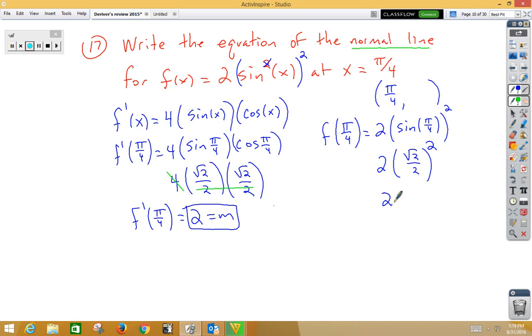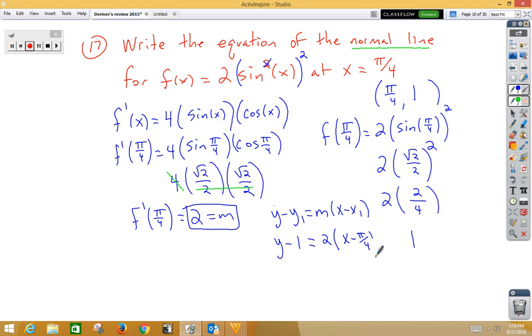That would be 2 times 2 over 4. Clearly that would be 1. So we have the point (pi over 4, 1). So y minus y1 equals m times x minus x1. If we plug in the values, we get y minus 1 is equal to 2 times x minus pi over 4.